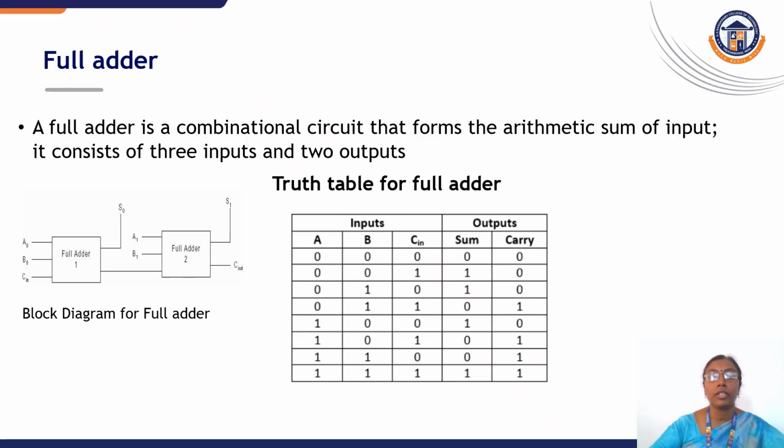Similarly for the remaining, if we have only one of the three inputs as 1, then we'll be having sum as 1, carry as 0. If we have two ones, then we have sum is 0 and carry is 1.